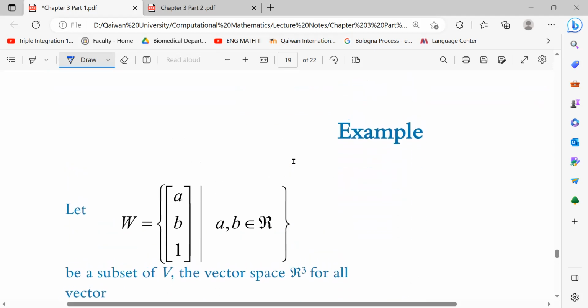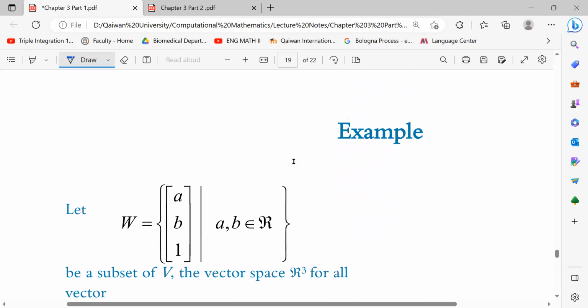Here you have another example. It says let W be of this form. The vectors in W are of this form: constant, constant, 1. The last element must always be 1. The first two elements could be any real value.